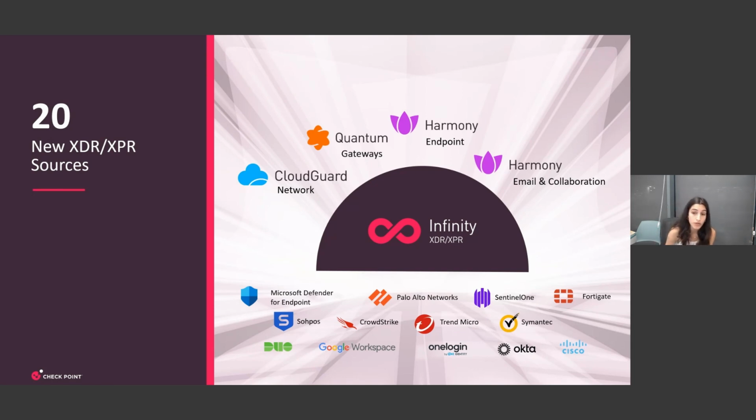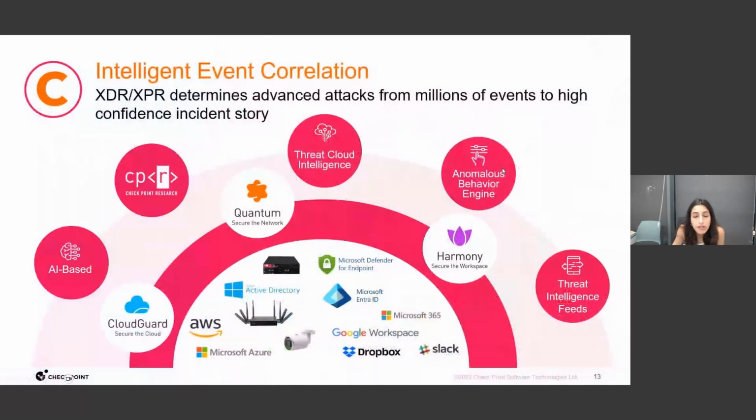So these are the logos that we offer connectivity to, and we keep adding more and more because we do believe that the XDR, XPR should cover the entire estate of our customers to enable better detection, but better yet, the prevention needed to make sure that the organization is secure and the analyst can really manage their environment from a single pane of glass.